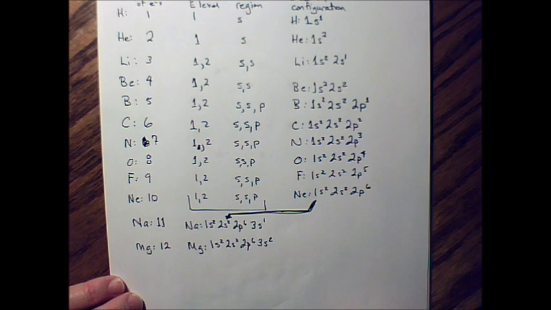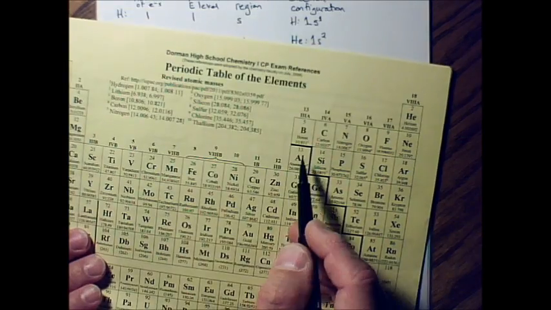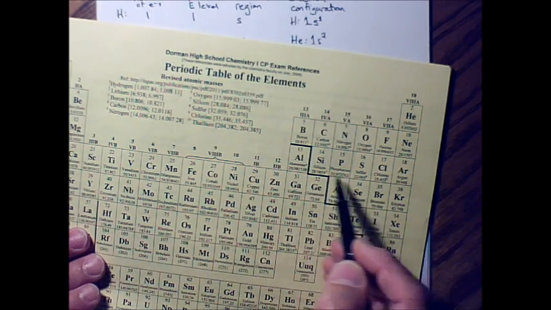All right. So when we get to aluminum, what are we going to add to this? Another 3s? No, you can't have 3 electrons in s. We're going to add a p. So 3p1. There's aluminum. We're over in the p sublevel region, right?